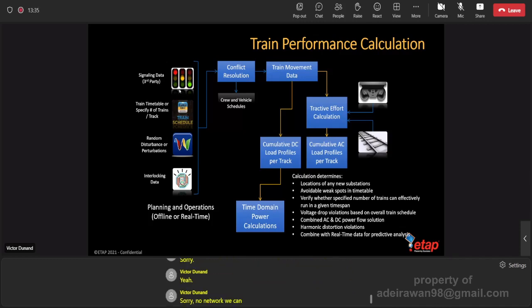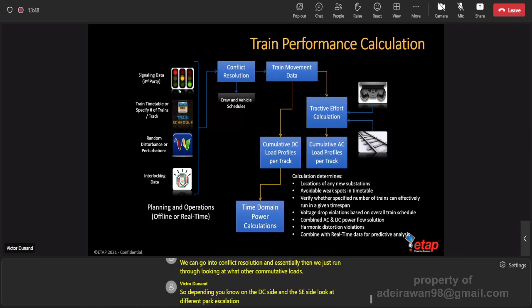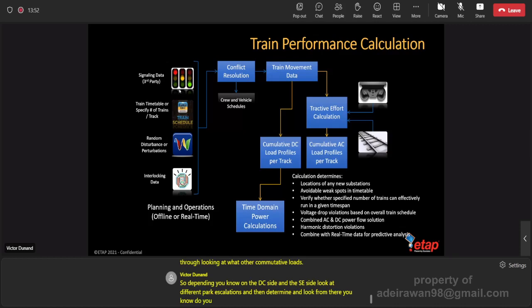We can go into conflict resolution, and essentially then we just run through looking at what are the cumulative loads. Depending on the DC side and the AC side, we look at different power calculations, and then determine from there: do you have a gap in power supply?